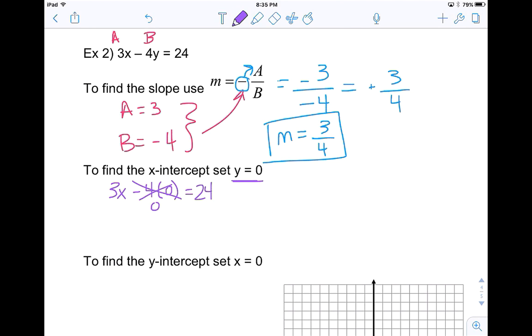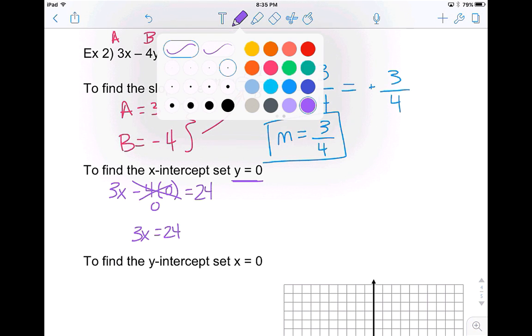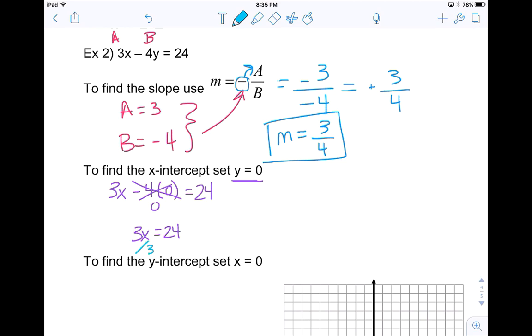And 0 plus anything is whatever you're adding it to. So that's going to leave us with 3x equals 24. Then to solve for x, we're going to divide by 3. And that's going to give us x equals 8, which means our x-intercept will be the point (8, 0).